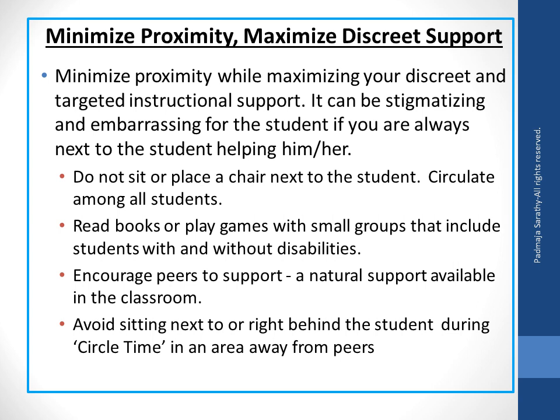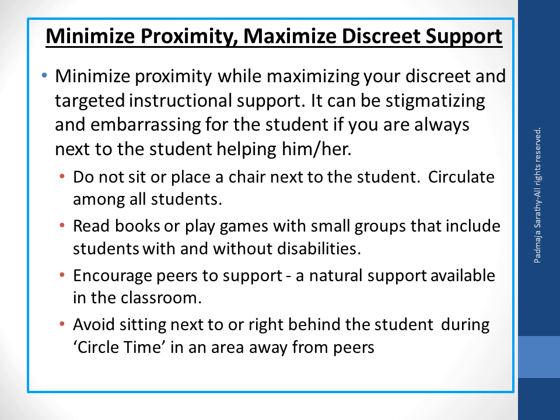Also, it is important for the para-educators to mingle with all the other children in the classroom and engage them in small group activity, as long as the teacher is supportive of that, and I hope this teacher is. And also use an important, valuable resource that is available, which is the peers. They are the natural supports available in an early childhood classroom, and they can provide some support and interact with the children.